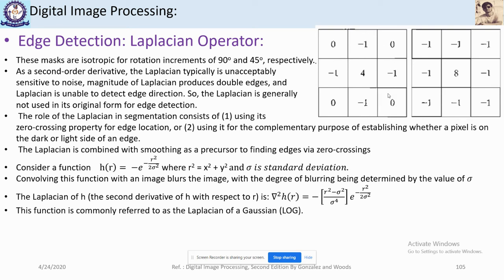That means if we rotate our image by 90 degrees, it will still result in the same. And this mask is isotropic with the increment of 45 degrees. So if we rotate the image by any multiple of 45 degrees, then this mask will result in the same output.